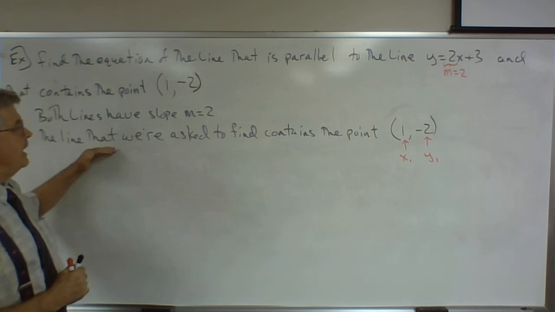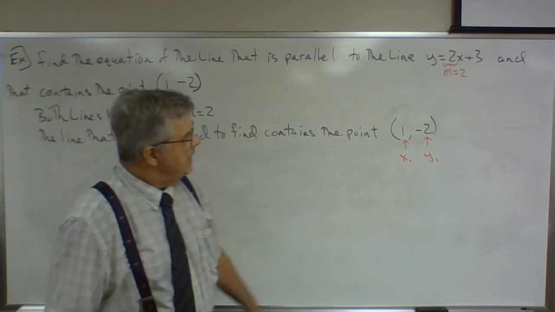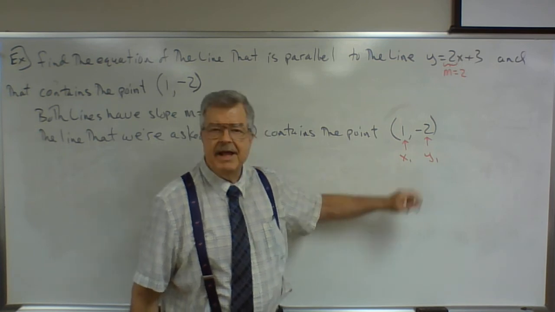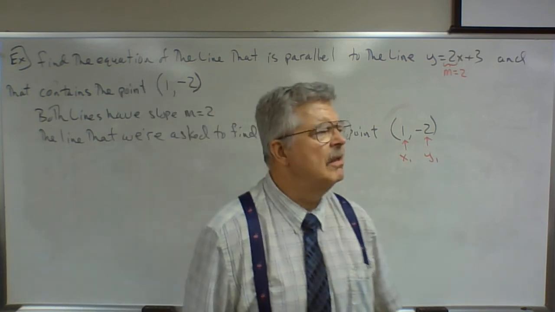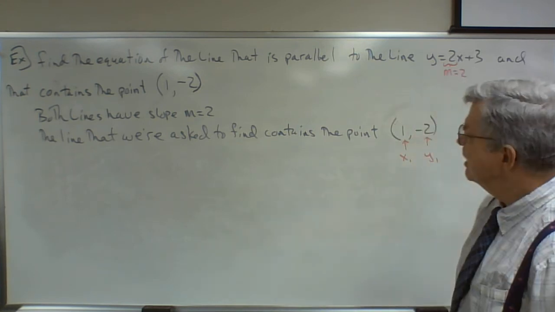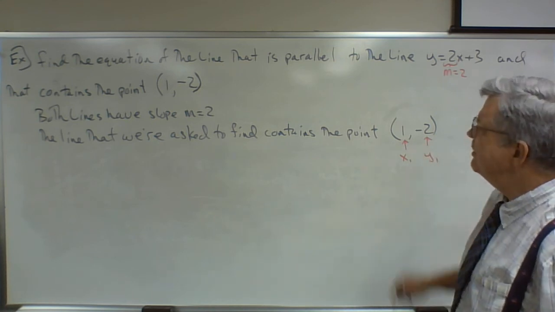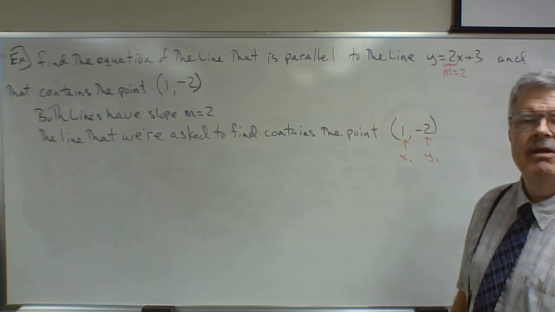The line that we're asked to find has slope m equal 2, and it contains the point 1, negative 2. We know the slope and we know a point on the line.